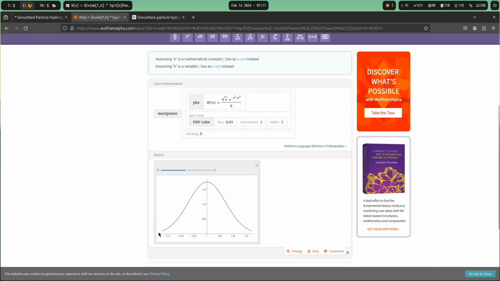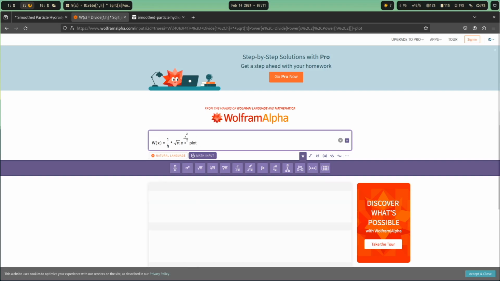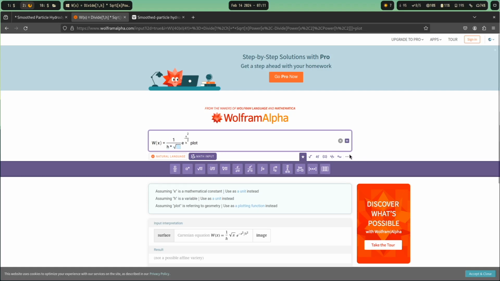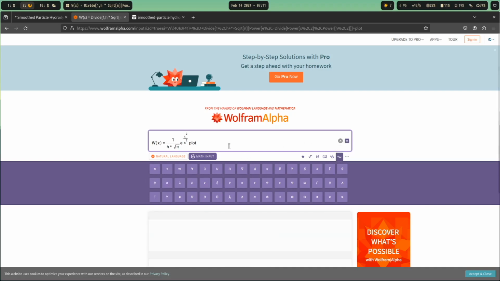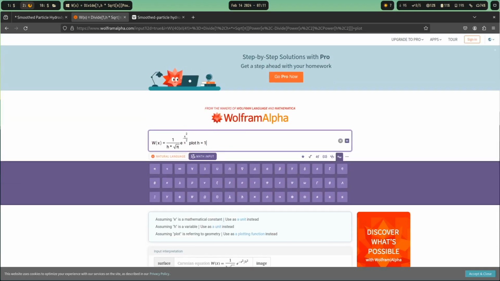I don't know, it looks like a Gaussian bell, no? And if you say just plot, I mean this thing should have been, yeah, it's a bit broken. So let's go multiplied with, plot h equals 1 again.